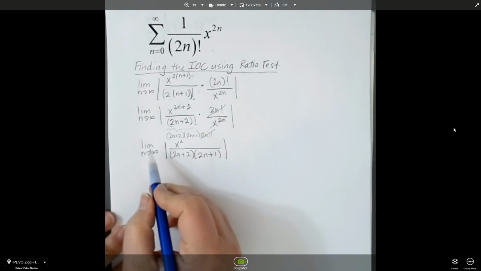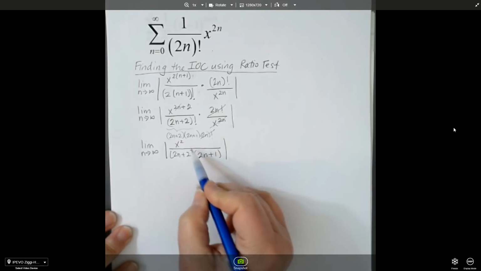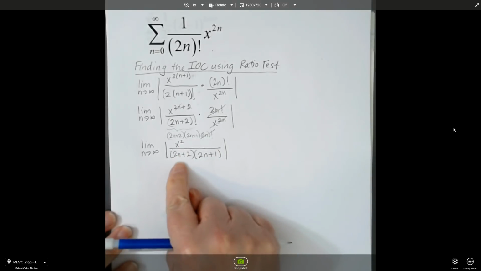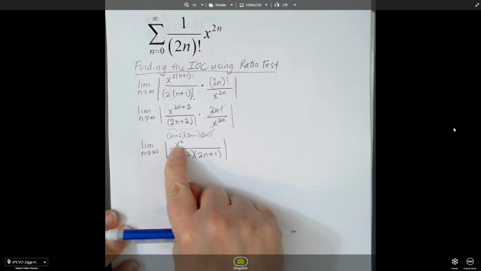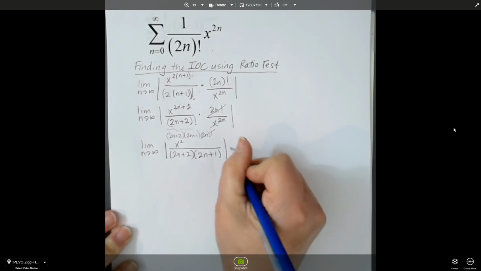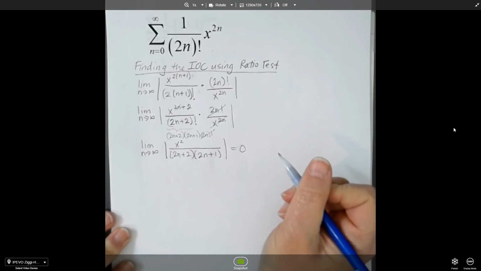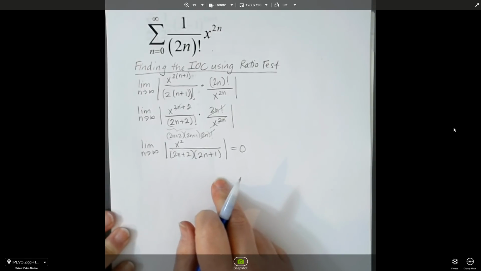All right. The limit as n goes to infinity of this situation, the x squared over 2n plus 2 times 2n plus 1, x is just a constant in this case because we're letting n go to infinity. So this is going to go to 0. So if this limit goes to 0 and it's less than 1, by the ratio test, it doesn't matter what x is.